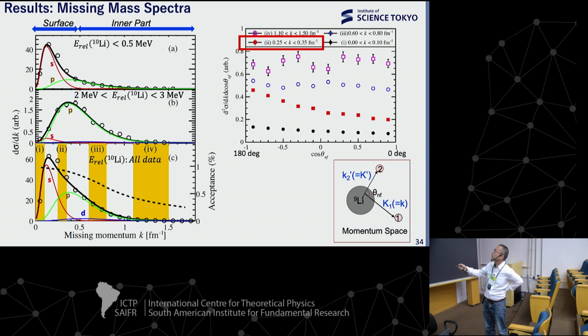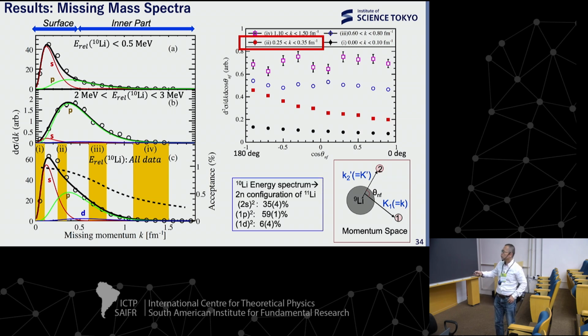It shows 180 degrees in momentum space, which means that in coordinate space it is very small. So this region has a dineutron correlation. This region is a mixture of S and P, consistent with the picture of a mixture of different parities. Also, we could extract the S, P, D components by using this decomposition.